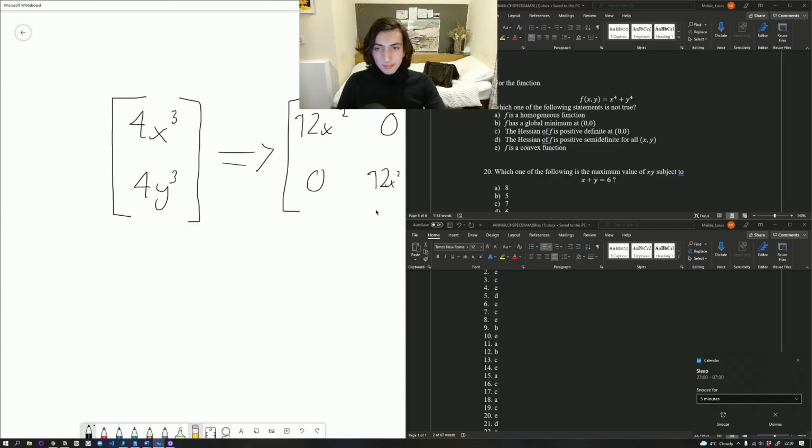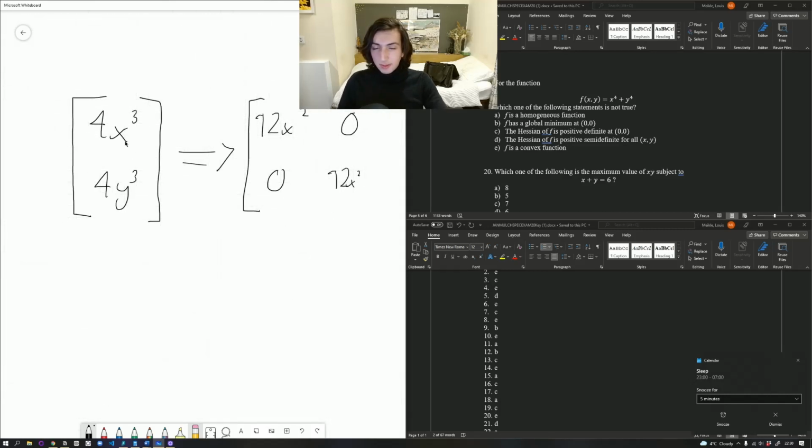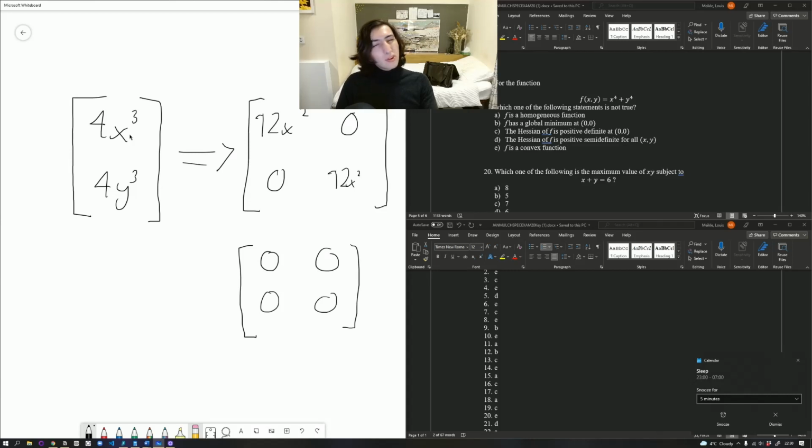Now, that means we can have a global minimum. We can have a critical point at 0, 0. If we put this in here, what happens? You get a matrix that looks like this. Not great, is it? But what is this matrix?